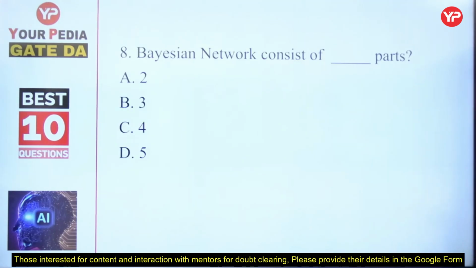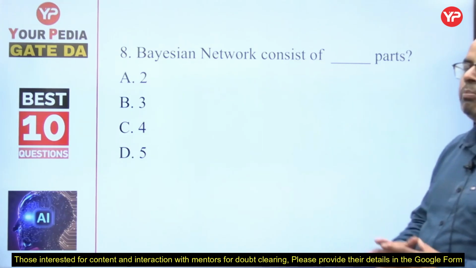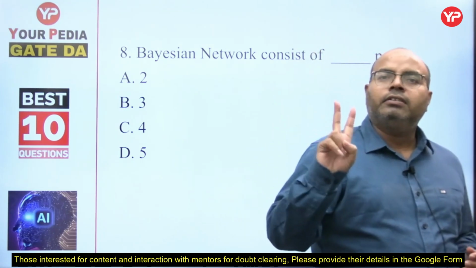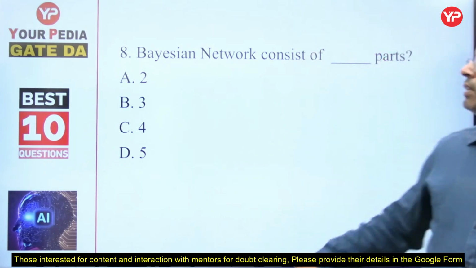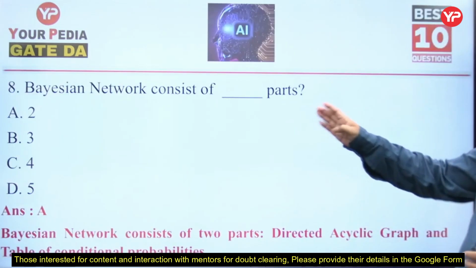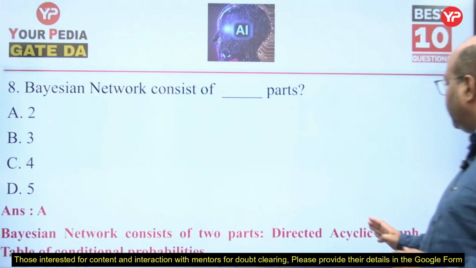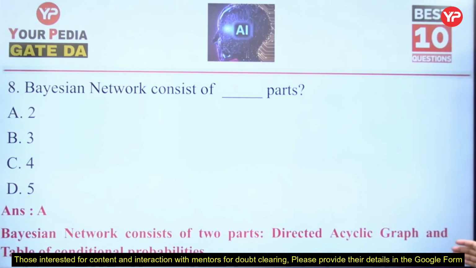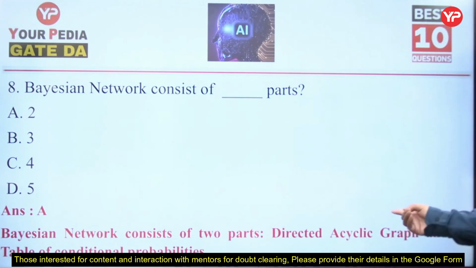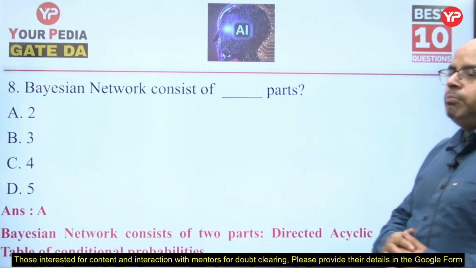Now another question: a Bayesian network consists of how many parts? It's a very simple question, only two parts, that is the graph and the CPT, conditional probability table. So a Bayesian network consists of two parts: a directed acyclic graph, that is, there are no cycles as we have seen, and a table of conditional probabilities, that is CPT.